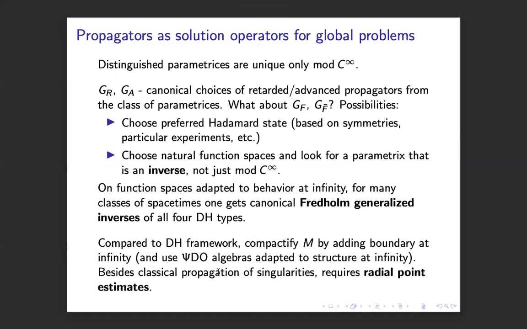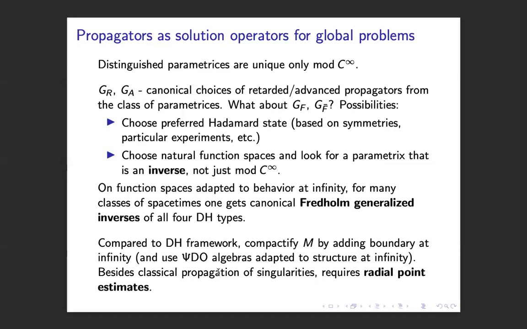So for the advanced and retarded ones, you have canonical choices of propagators from the class of parametrices. The way you usually define the retarded propagator is as the inverse of the wave operator which only propagates support in the future. So there is a unique choice there, but what about the Feynman versions? There are different possibilities.